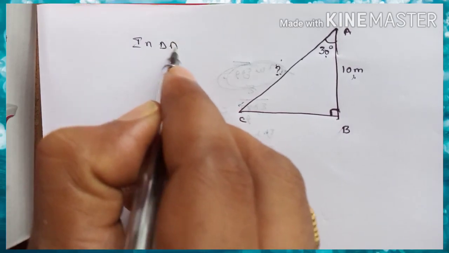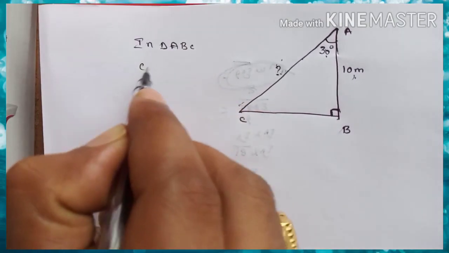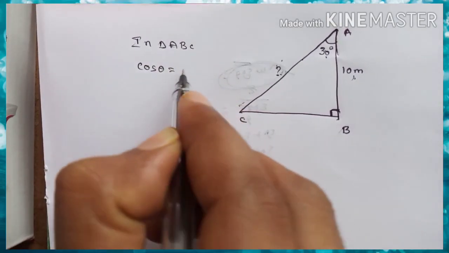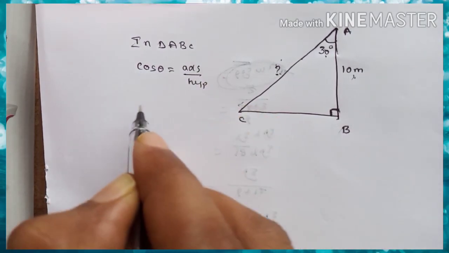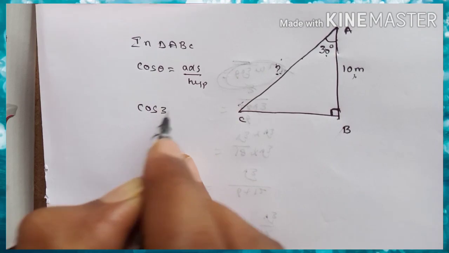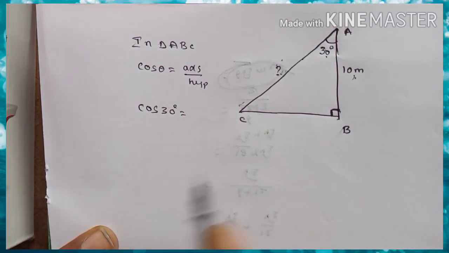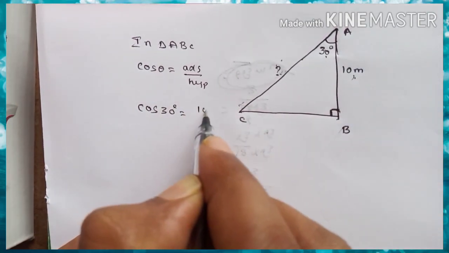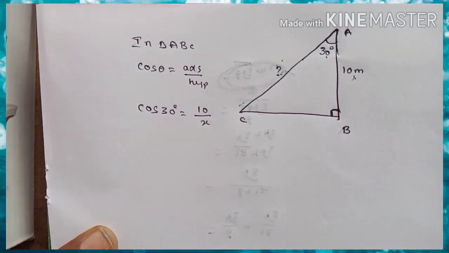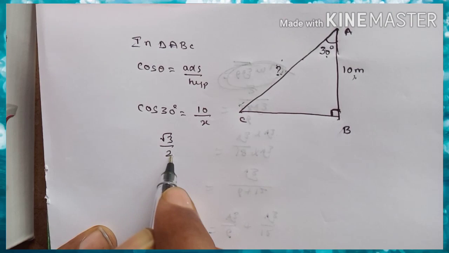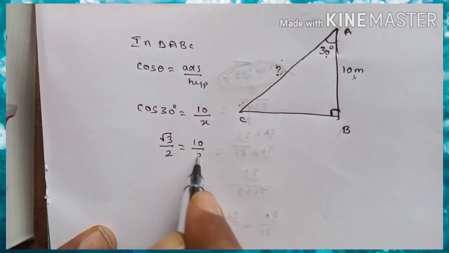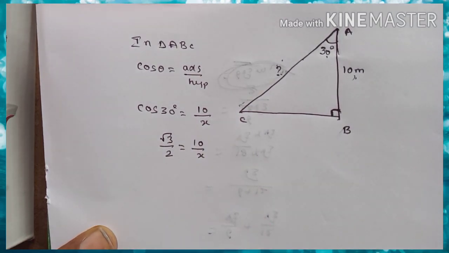In triangle ABC, we can apply cos theta is equal to adjacent side by hypotenuse. Theta is 30 degrees. Adjacent value 10, hypotenuse we don't know, x. Cos 30 is root 3 by 2, equal to 10 by x.